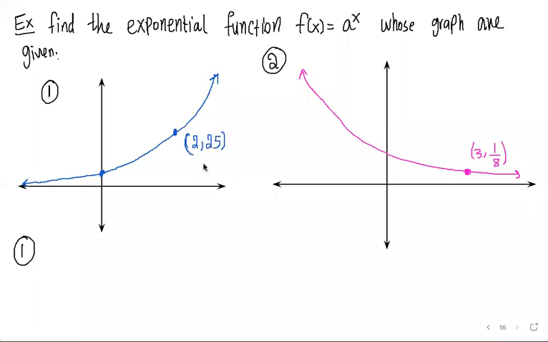The point (2, 25) means f of 2 is 25. So my function is f of x equals a to the x, and it's given f of 2 equals 25.